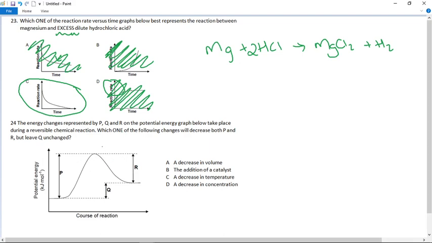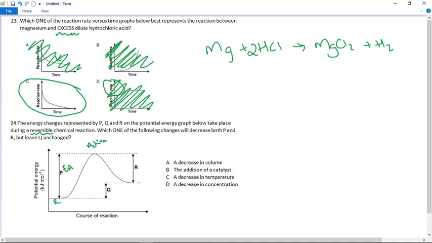Okay, 24. The energy changes represented by P, Q, and R on the potential energy graph below take place during a reversible chemical reaction. Which one of the following changes will decrease both P and R? So P is effectively the activation energy, because it goes from the reactants up to the activated complex up top here.